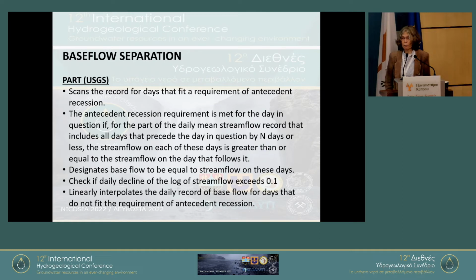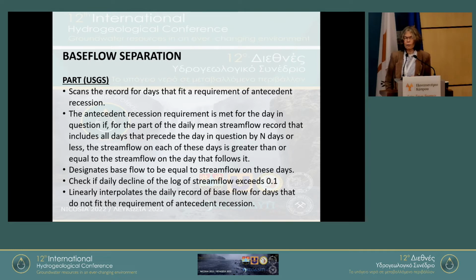It's a very popular USGS method for separating baseflow because it doesn't require any subjective parameters in the system, but it uses a time series, it finds the recession time, and then it makes linear interpolations of the baseflow.